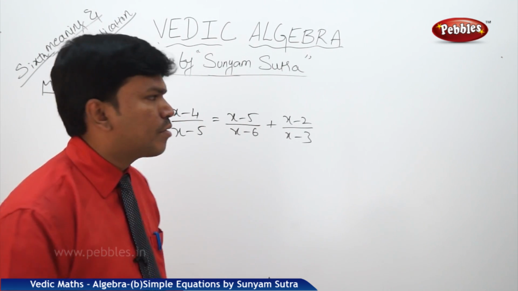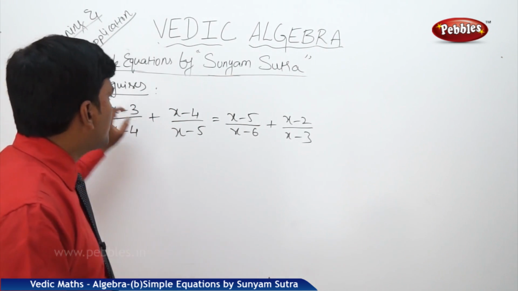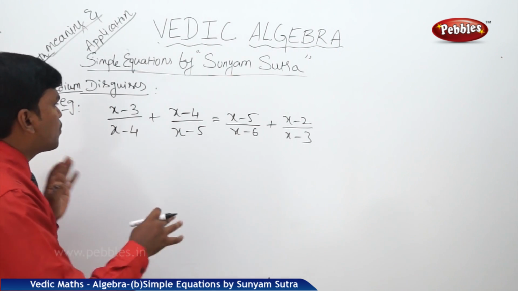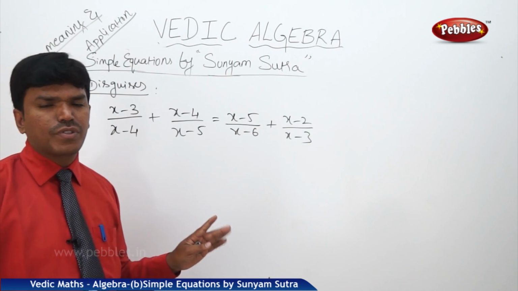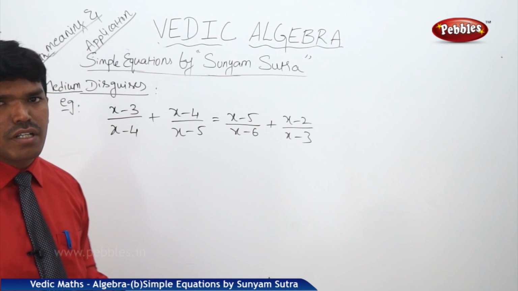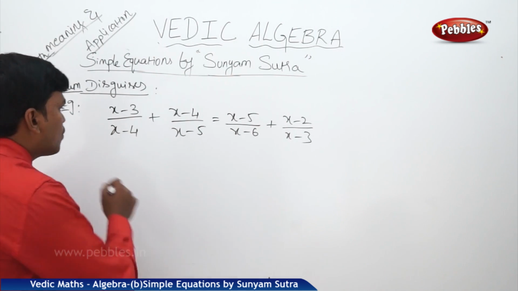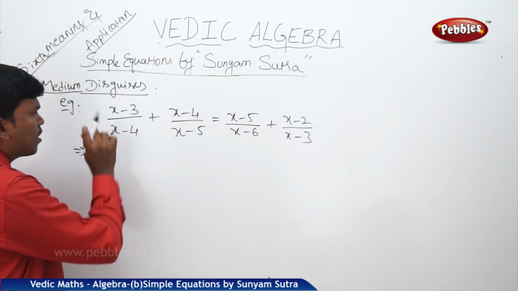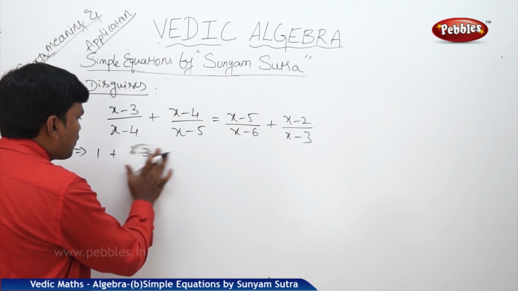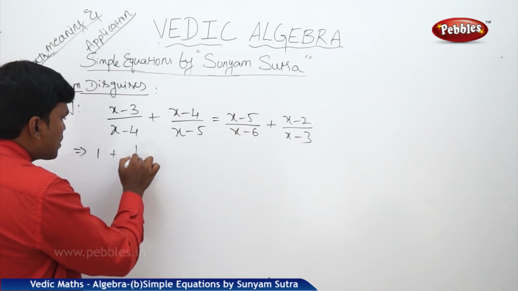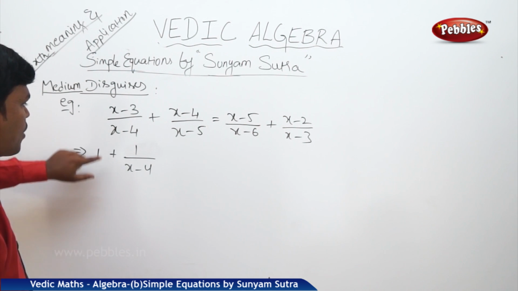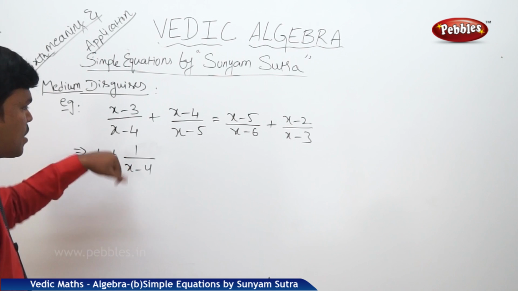If you see the equation, the numerators are binomial terms. So I want to take the numerators out of this. I have to get the numerators as 1. So I will simply divide the numerators by denominators. We can write the given term like this: 1 plus 1 by x minus 4, since x minus 4 plus 1 is x minus 3 only.